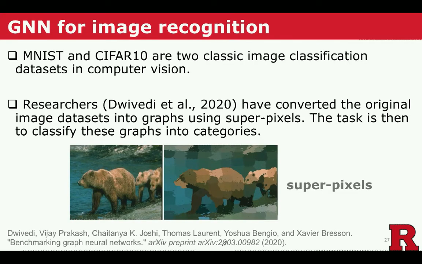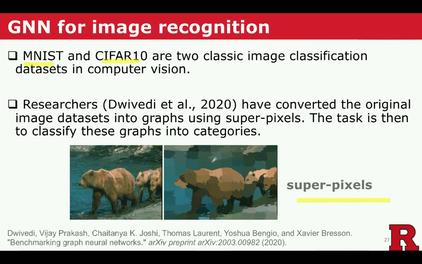First, GNN for image recognition. These two are actually two classic image classification datasets in computer vision. Recently, researchers have converted these two original image datasets into graphs using superpixels.